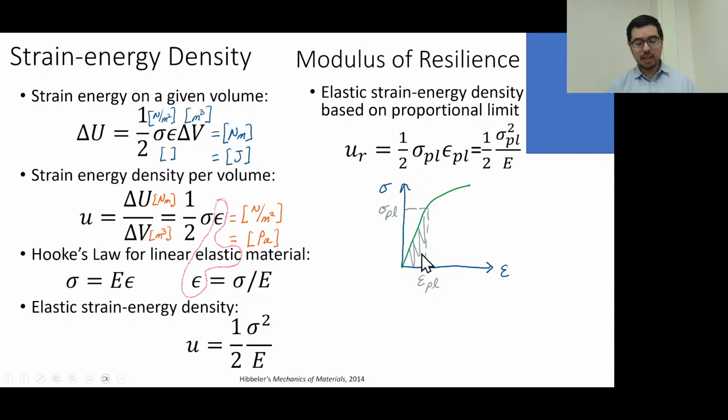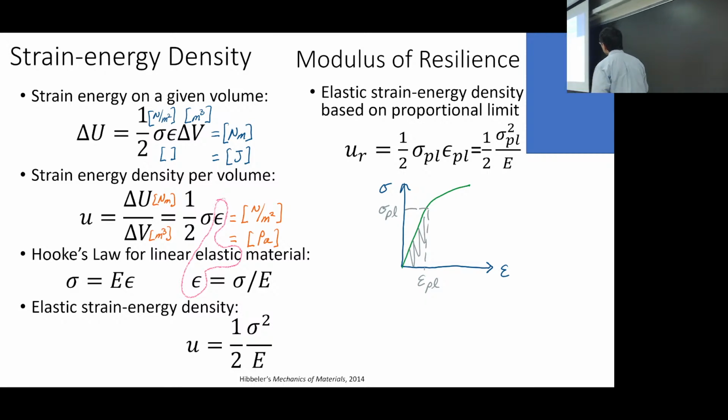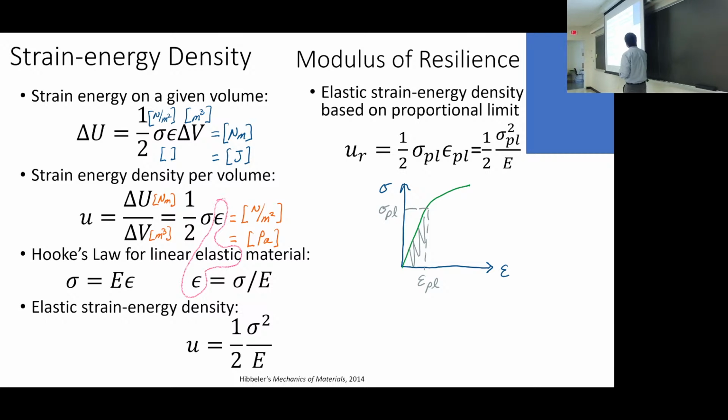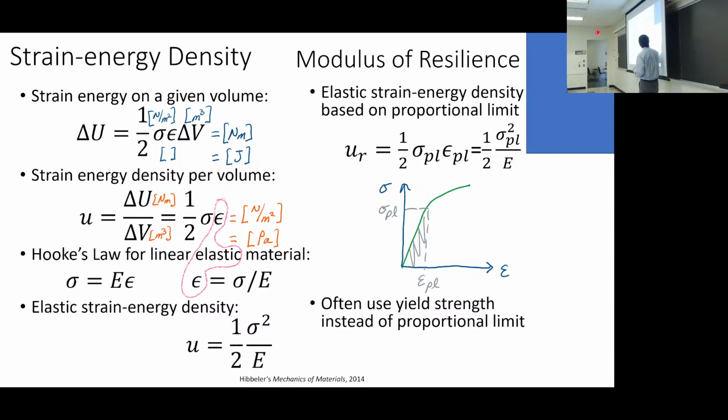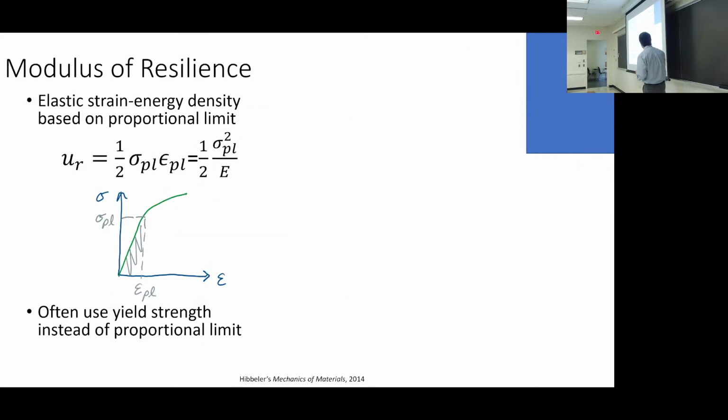I'm amazed at how Elastigirl, I think often she goes plastic, but somehow she comes back to original form. This is what elastic strain energy density looks like on a stress strain plot, and we often just use the yield strength instead.